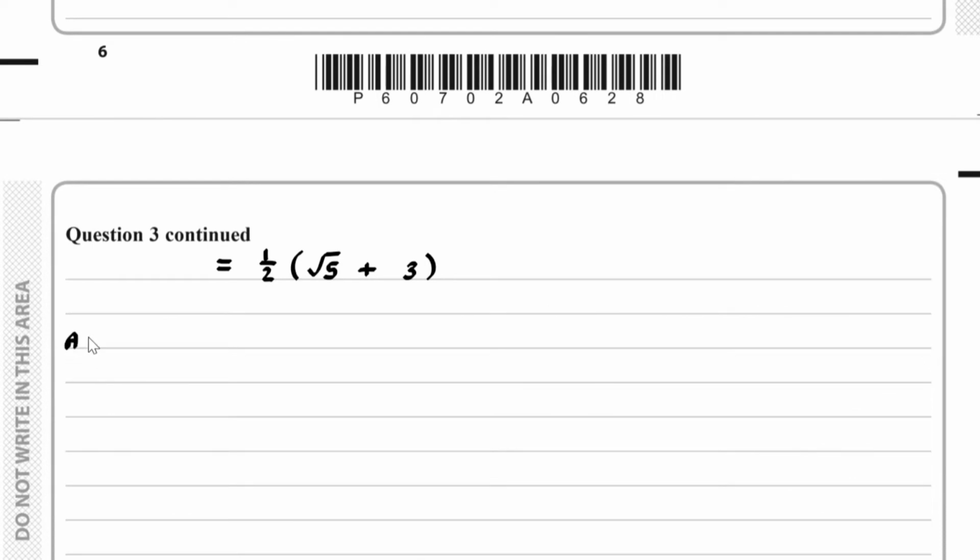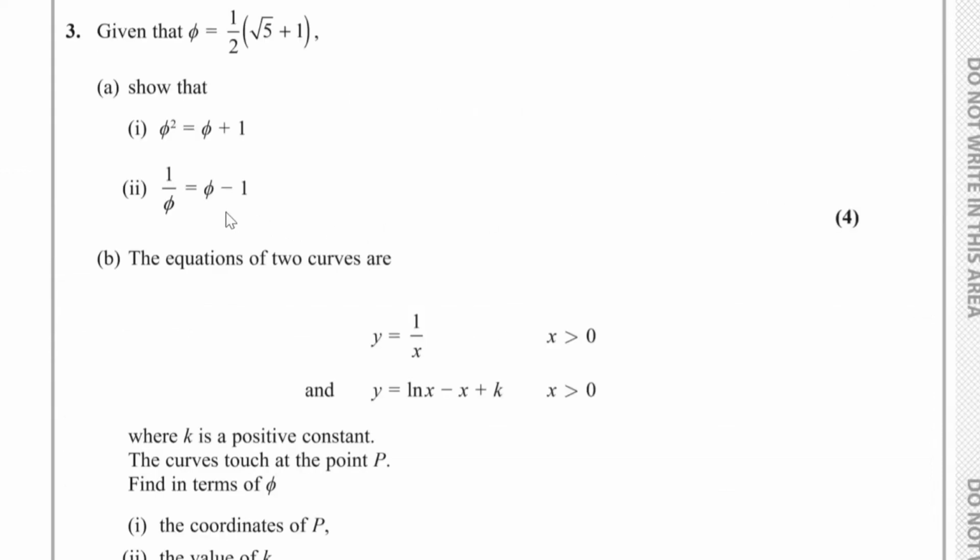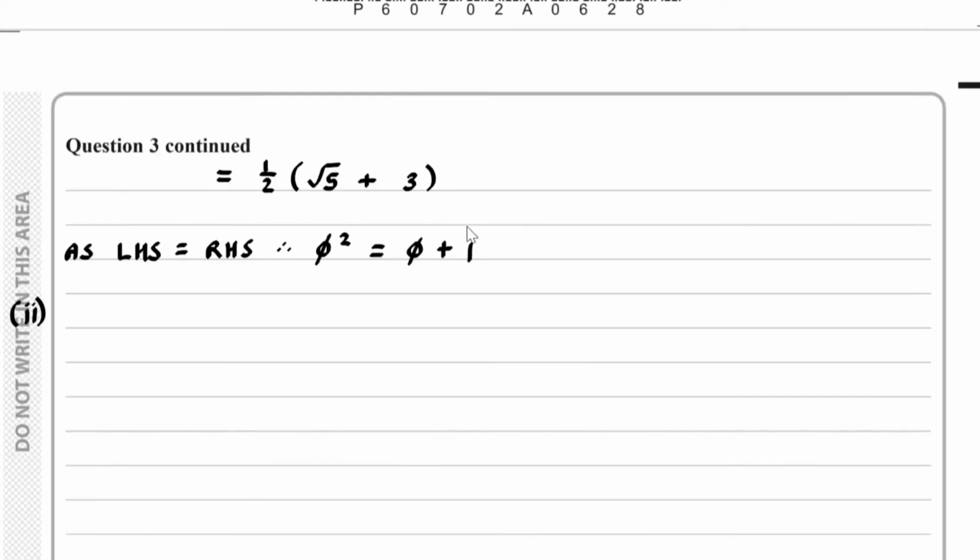So what we can say then is, as the left hand side is equal to the right hand side, we can therefore conclude that phi squared is equal to phi plus 1. Now for the next part, we have to show that 1 over phi is equal to phi minus 1.